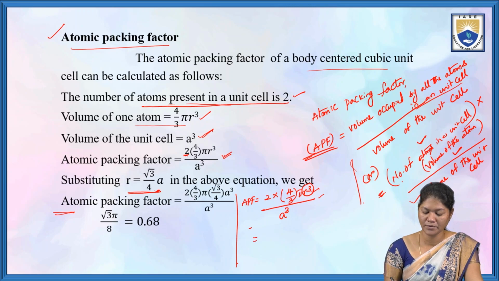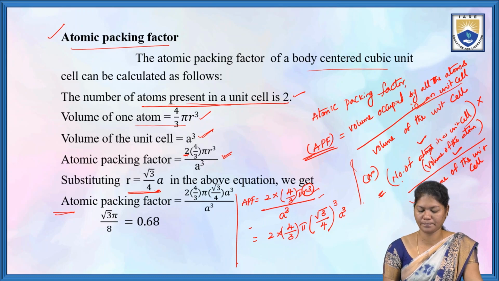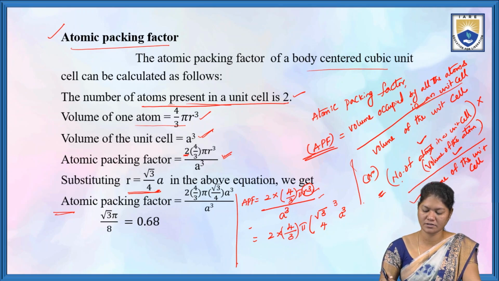So we'll get 2 into 4 by 3 pi, r cube is root 3 by 4 a, whole cube, divided by a cube.